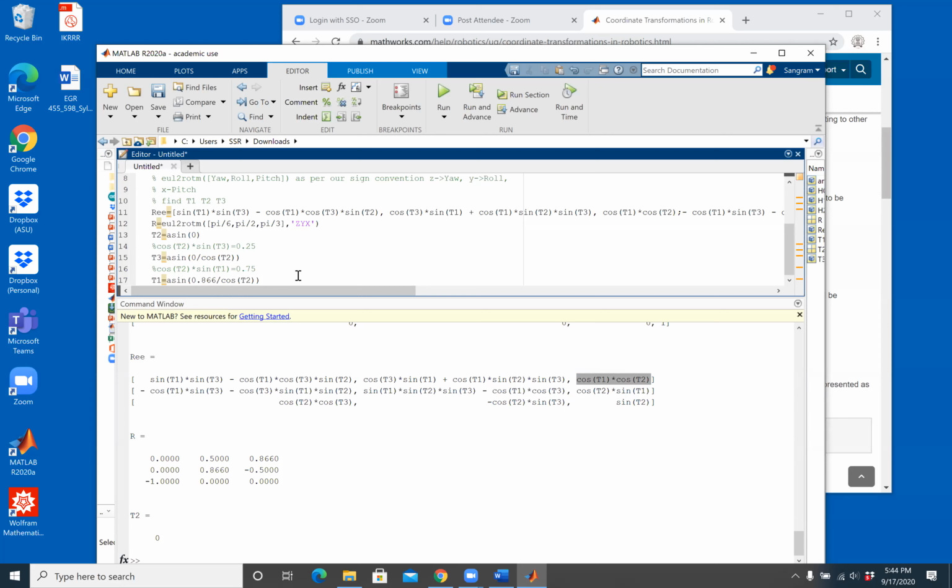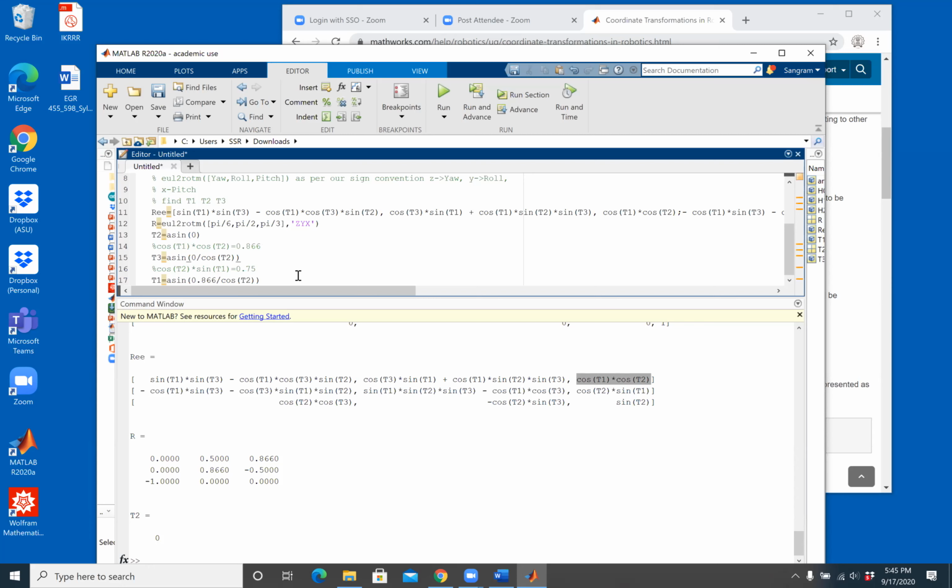So first I have cosine T1 and cosine T2 is equal to 0.866.